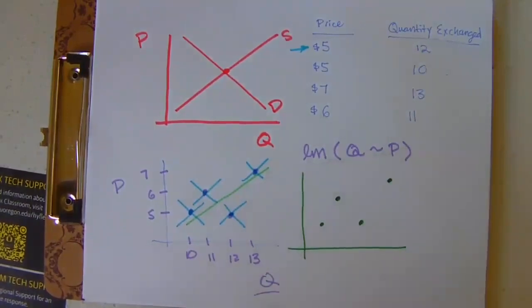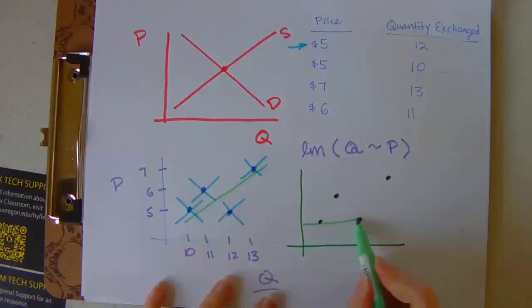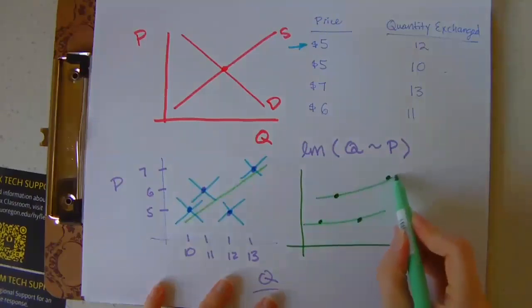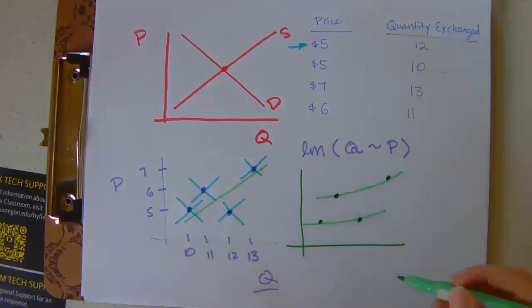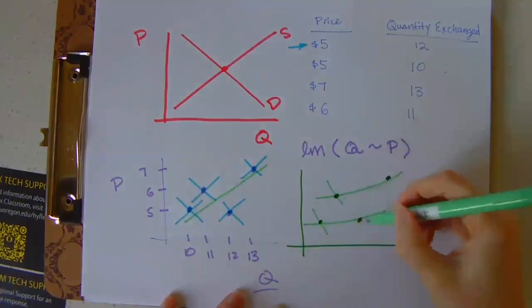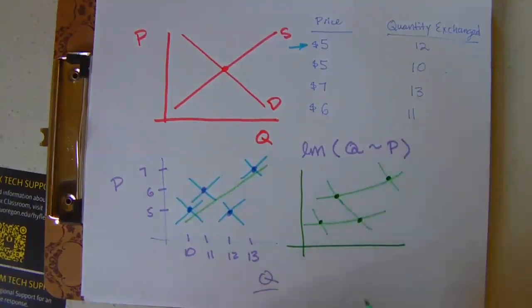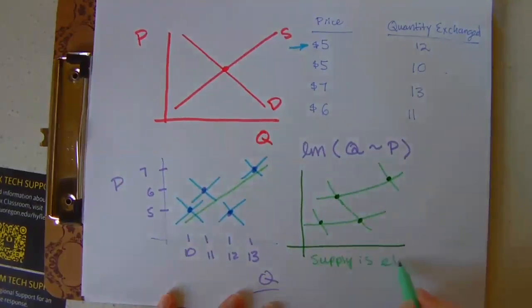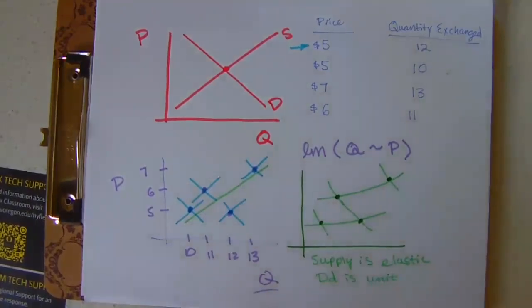Maybe actually supply is pretty elastic, so it's really flat. So maybe supply only shifted once and demand shifted a bunch of times. So in this scenario, supply is elastic and demand is about unit elastic.